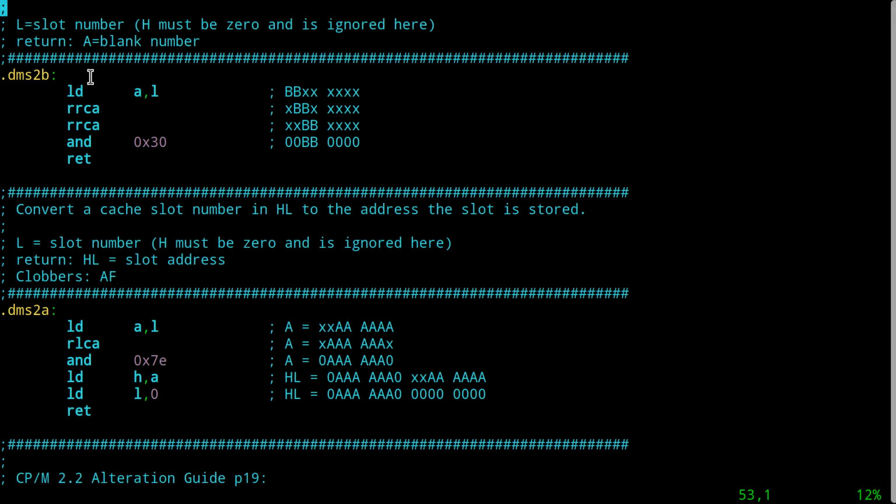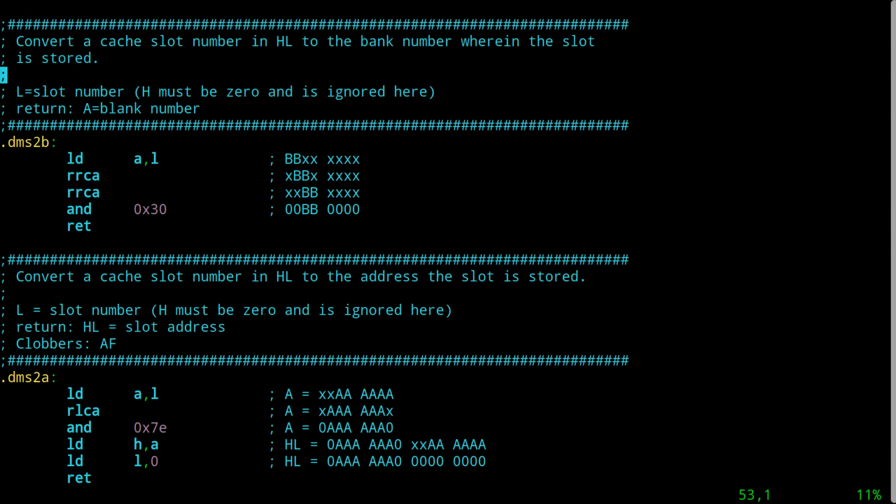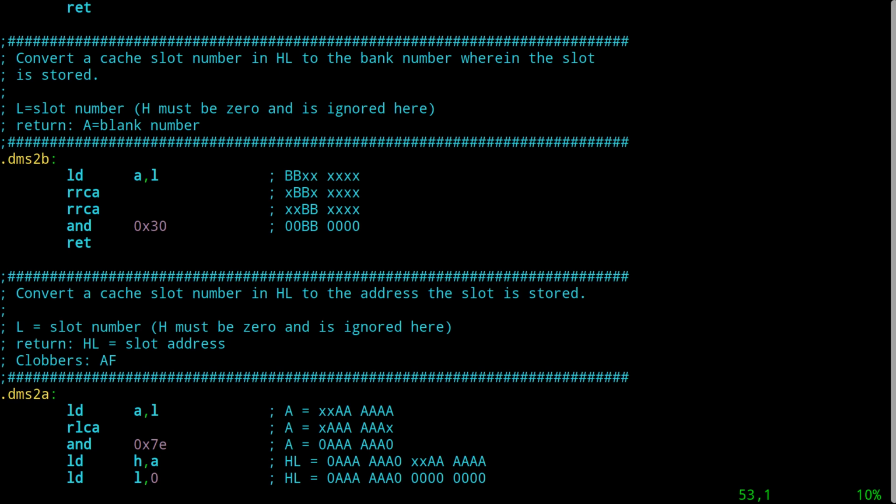And it pretty much doesn't get easier than this either. As we mentioned before, in order to get the block number from the slot, we extract 2 of the bits from the block number, which comes in the HL register pair, okay? But in this particular code, H must be 0, because, like I said before, the slot number, by definition, is the bottom 8 bits.